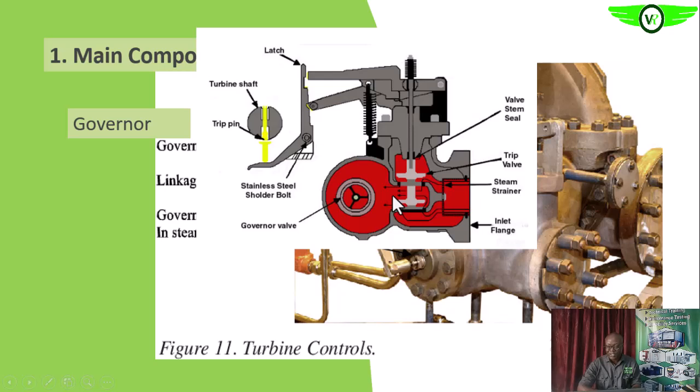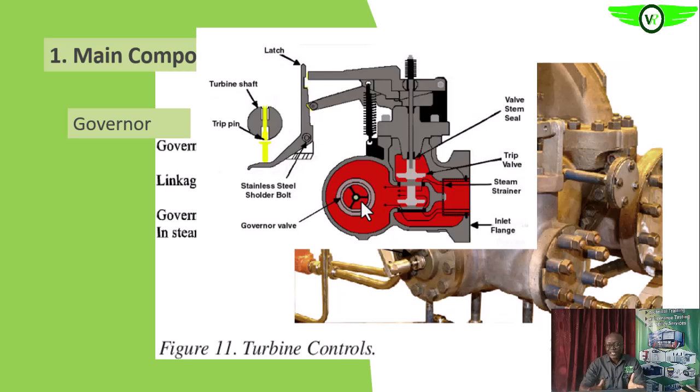Are we getting it? Now, if you look at the turbine, it goes through the governor, and the governor itself has a mechanism that is tied to the shaft itself. That helps the governor to look at the speed to regulate the amount of steam that is administered into the turbine.